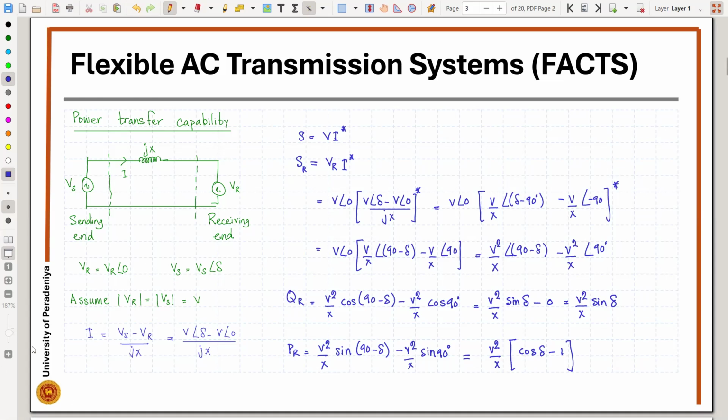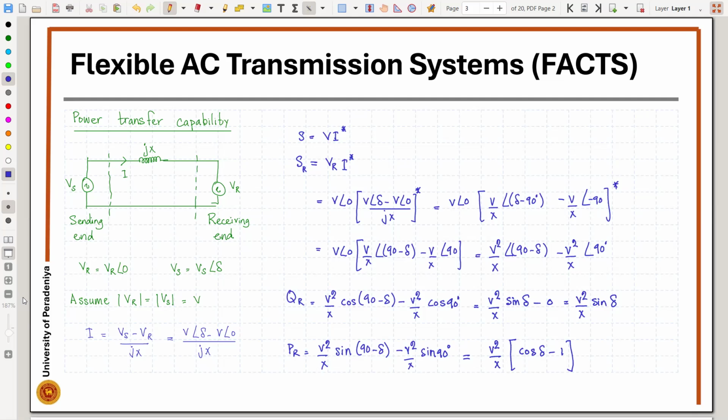How many of you think this is incorrect? Chanaka, you have raised. Chanaka, is this correct or incorrect?